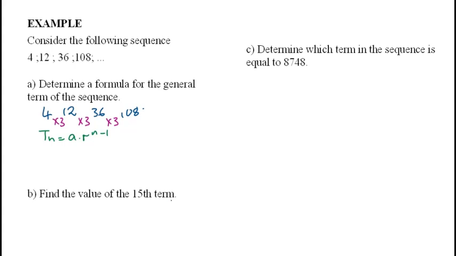In this particular sequence, the general term will be what? a is 4, and the common ratio is 3, since we're multiplying by 3 to each term. So 4 times 3 to the power of n minus 1. Finding the 15th term becomes very easy because we're just going to substitute 15 into this general term. That will be 4 times 3 to the power of 15 minus 1.